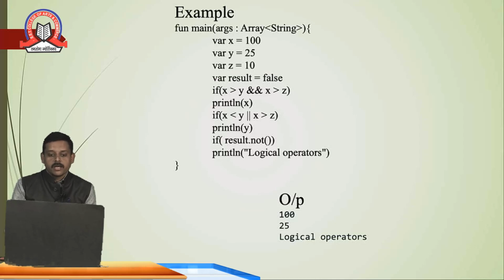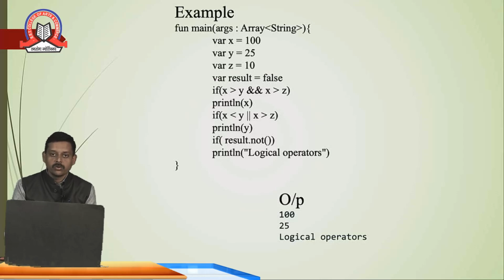Instead of calling it ampersand, we can use just the AND logical symbol. So if X is greater than Y and X is greater than Z, then print X. It will print the value of X.